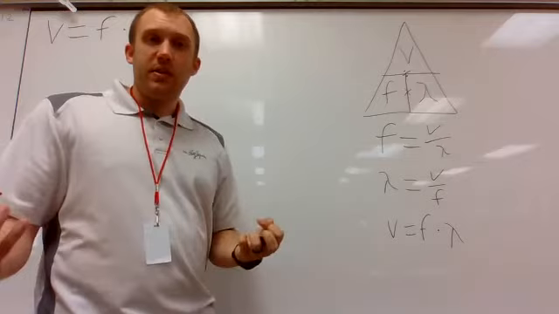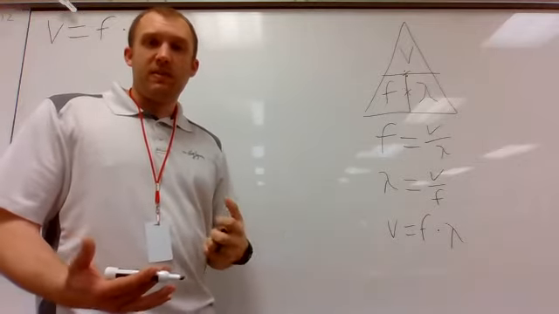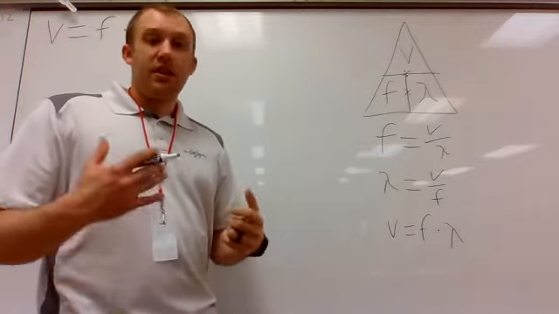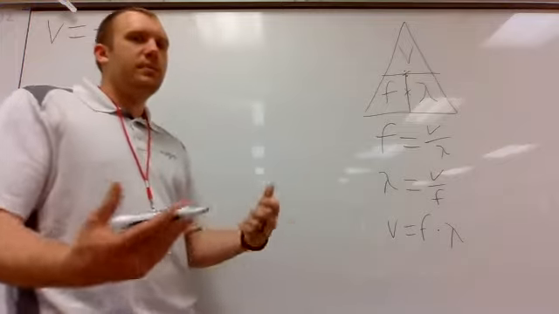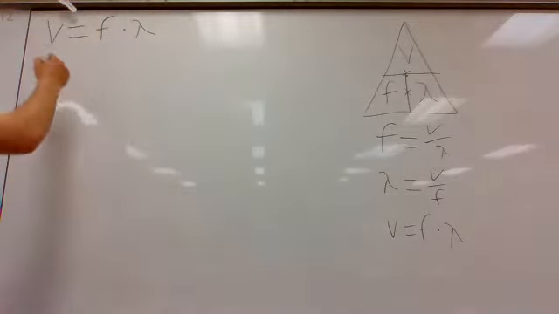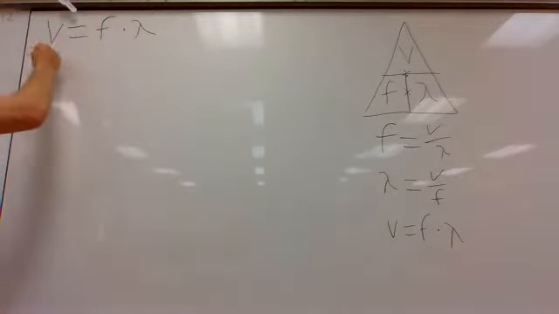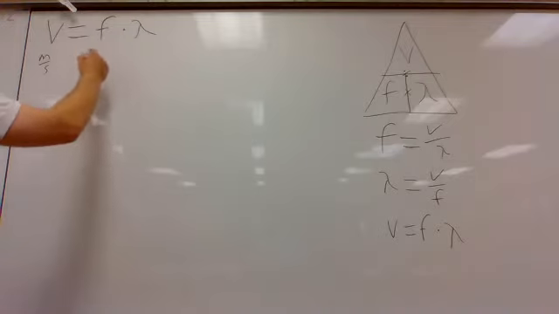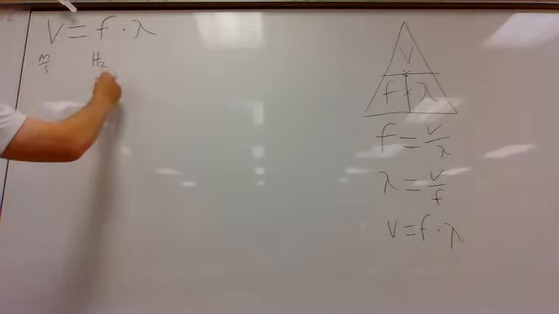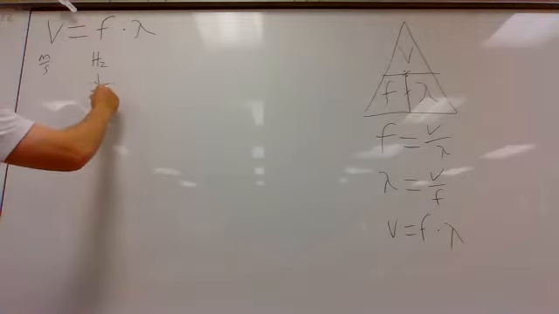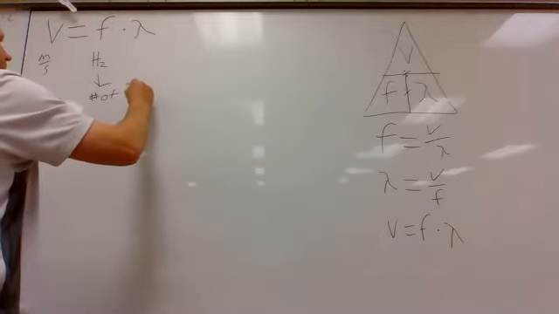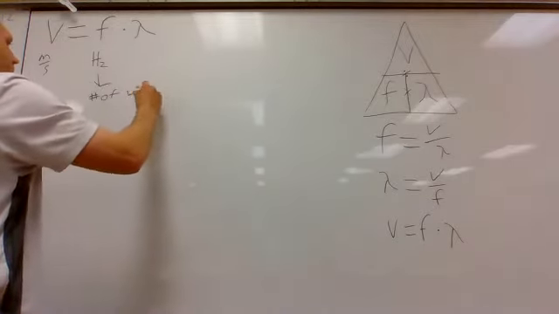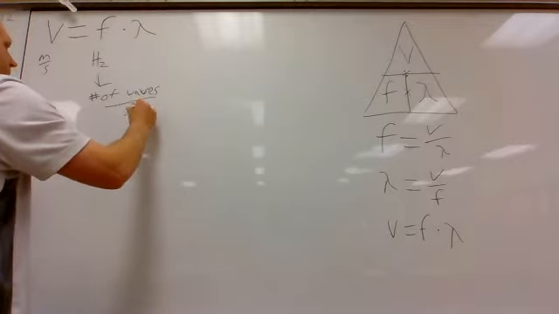Units are really important now that we're up to a couple equations, especially if we get to our final. Then you're going to have all these equations to choose from. So really quickly, V is still measured most typically in meters per second. Especially for this unit, we're going to keep it to meters per second. Frequency is hertz, which is also called the number of waves per second.